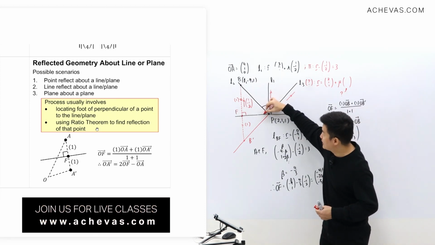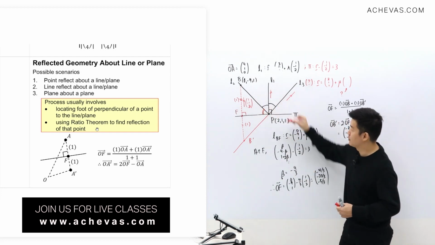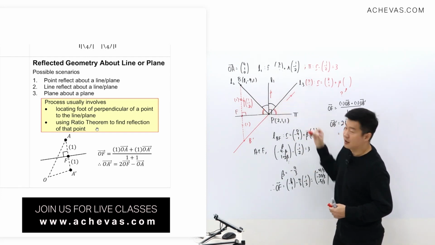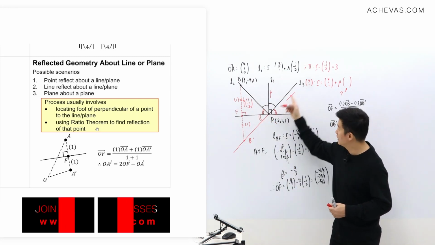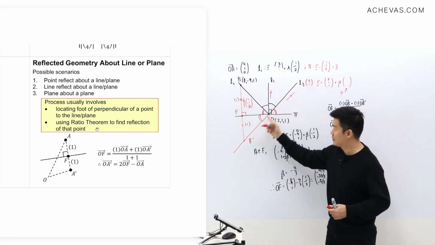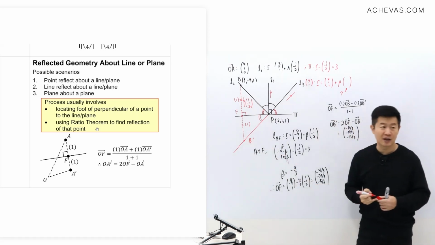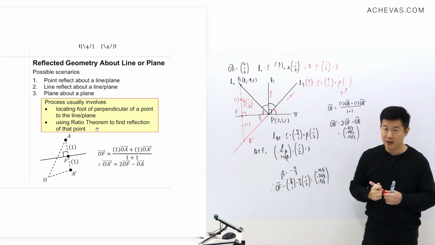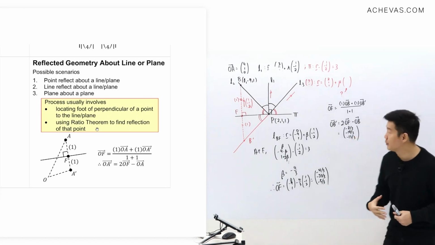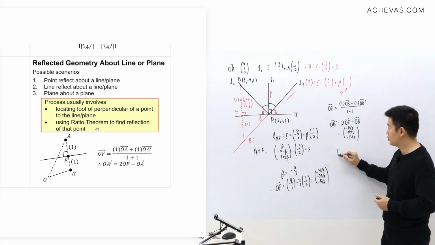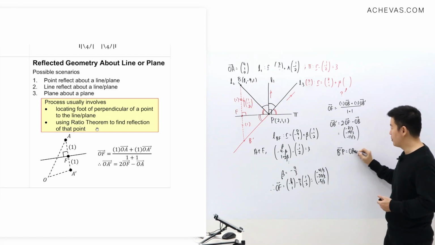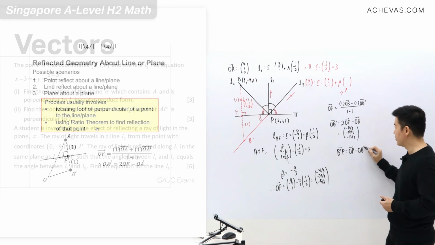Then, can you see that this angle is supposed to be equal to this angle? And by alternate angles, this angle is supposed to be equal to this angle. And that is why this line L3, when it is extended, should be passing through B prime. And this is what is going to help me fill in this gap here, because the next thing I'm going to do is to find B prime P, which is going to be OP minus OB prime.